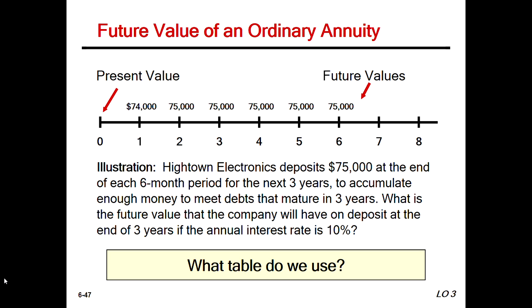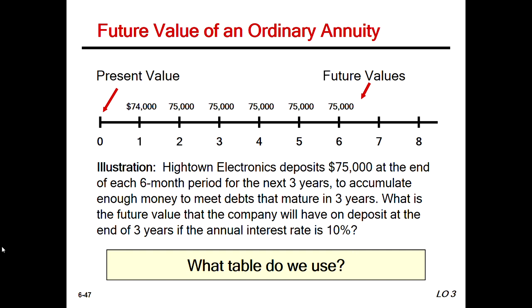What's the future value if the annual interest rate is 10%? Now we've got an added little complication here. Remember, we still have to multiply our number of years by the number of times the compounding happens per year, and we have to divide our interest rate by the number of compounding periods.